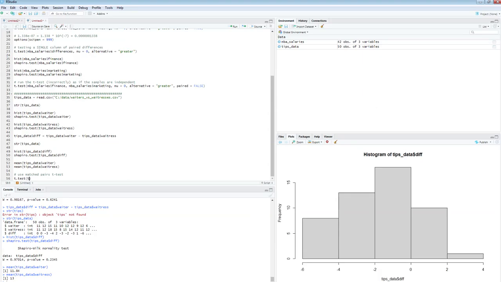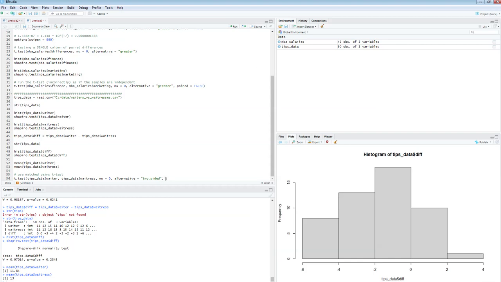So here I have tips data waiter, that's the first column, tips data waitress, that's the second column. The difference mu1 minus mu2 is 0, and my alternative is, how do I say, not equal? It's two-sided. Okay, that means not equal.